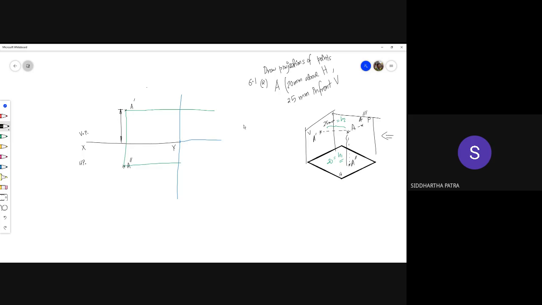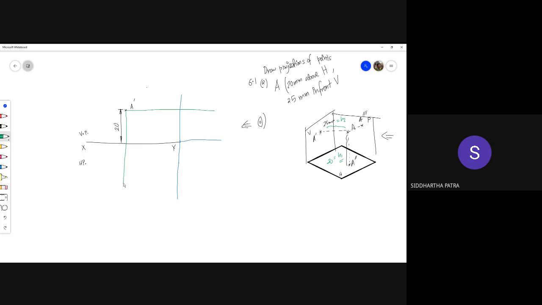That means someone from this side is looking at it. Imagine your eyes are over here, and you are looking at it like this. So this is how you write it. And since the dimension is in millimeter, we don't put any unit labeling. You don't need to mention that unit.